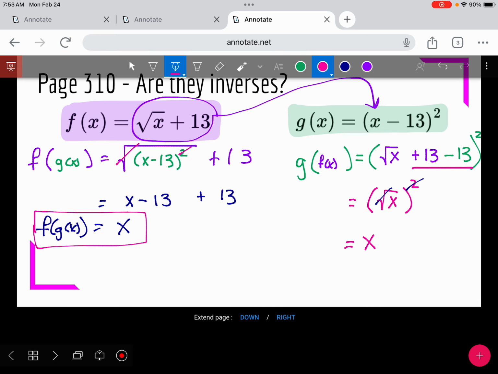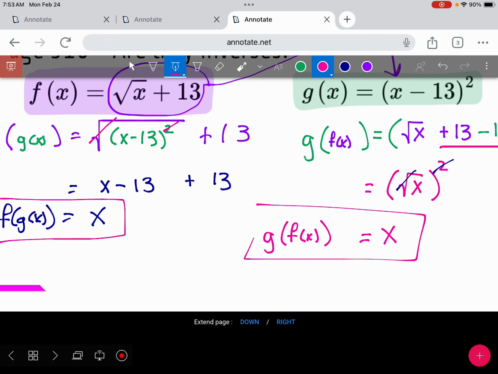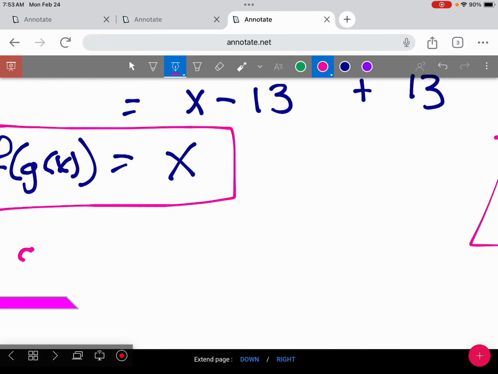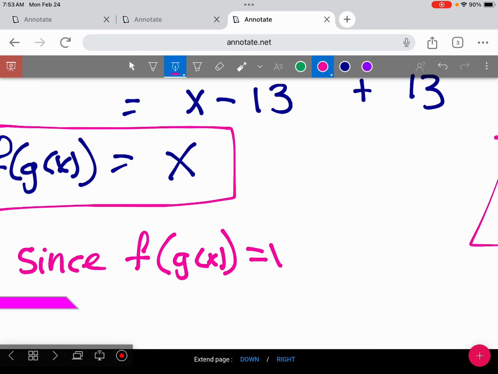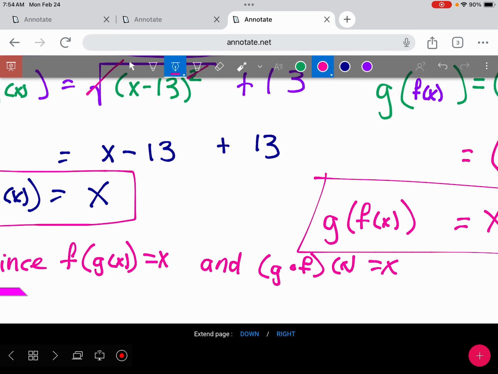So are these inverses? Yeah. Because both of our compositions, our f of g of x and our g of f of x, both equal x. So the other way of writing that is, since f of g of x equals x, and I'm going to do the other notation just so we can see both, our g of f of x equals x.